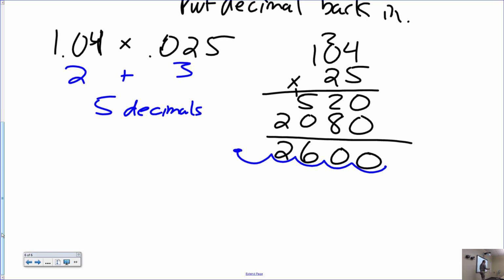What do I need here to lead? A 0 out front, okay? So 1.04 times 0.025 is really 0.026. And you can, if you want, write the last 2 zeros, but that's redundant. There's no need.